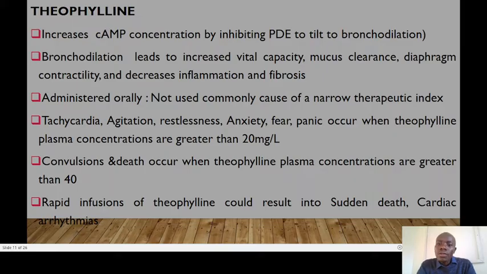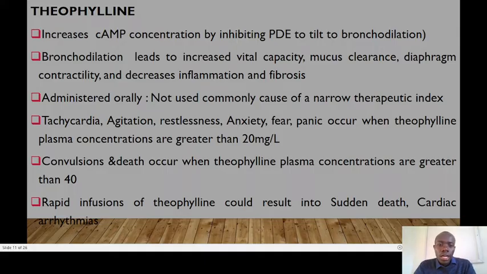So we could have tachycardia, agitation, restlessness, anxiety, fear, and panic when the concentration is greater than 20. Furthermore, we could even have convulsions, and death could occur when the theophylline plasma concentration is greater than 40.